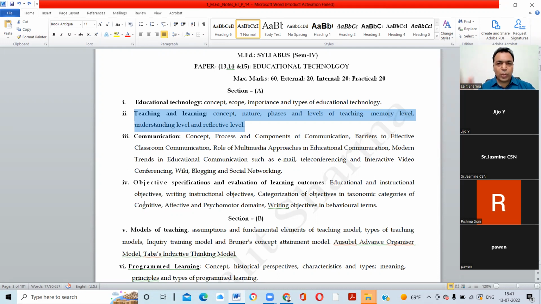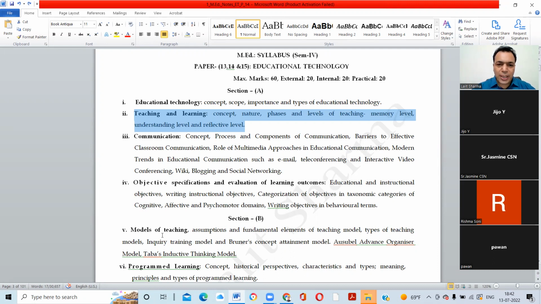You should know the phases of teaching and learning. Can you tell me how many phases there are? Three phases: pre-active phase, interactive phase, and post-active phase. The most important thing is the levels of teaching. There are again 3 levels of teaching: memory level, understanding level, and reflective level. So this is the second full-fledged question you will get.